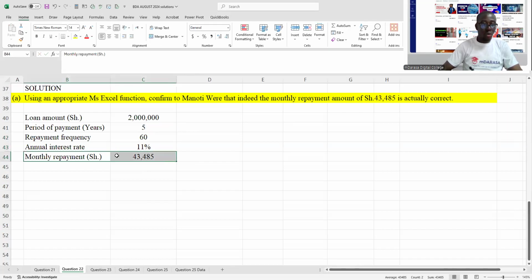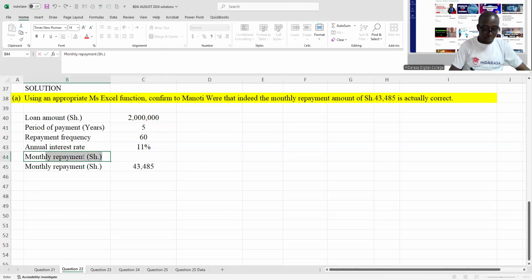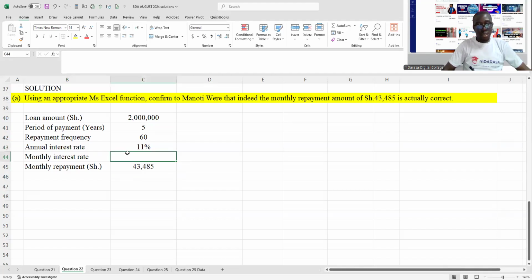We will also be required to determine the monthly interest rate, where in this case you'll be required to take that annual value and divide by 12, in percentage form.